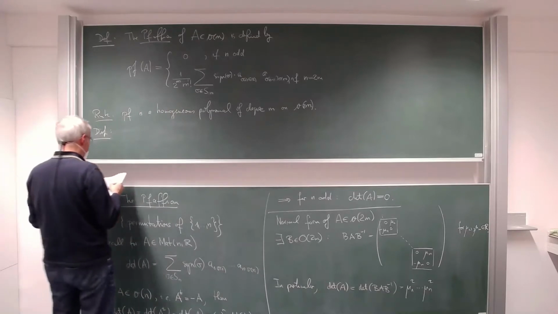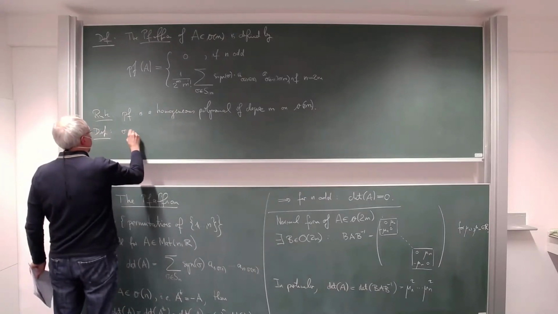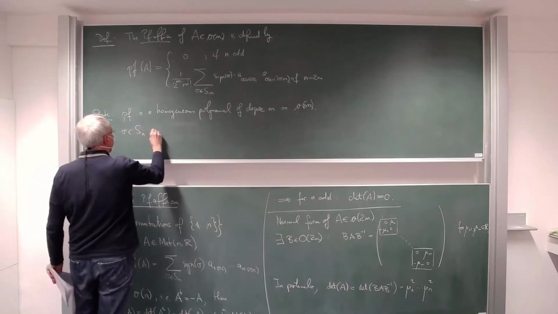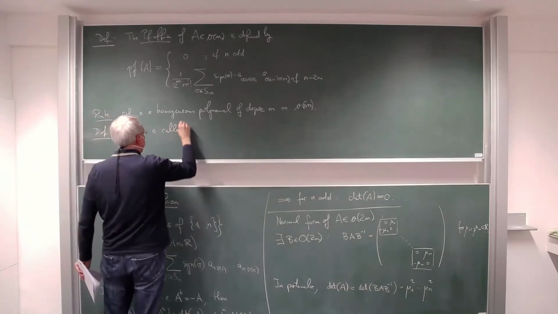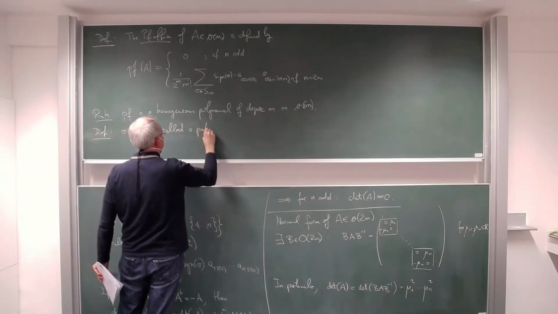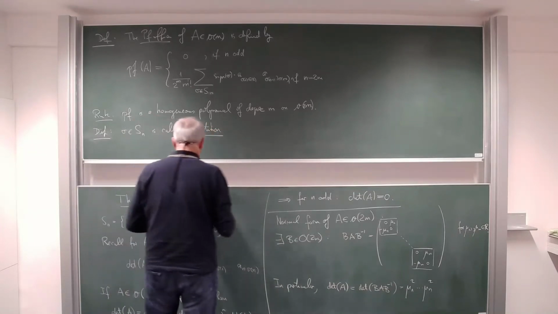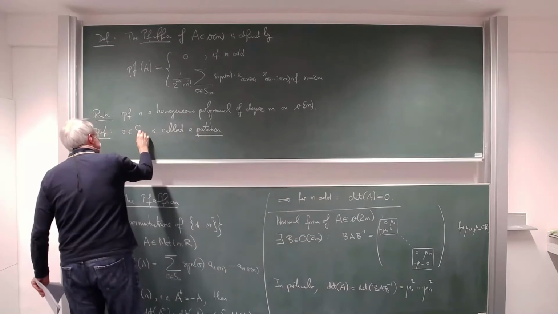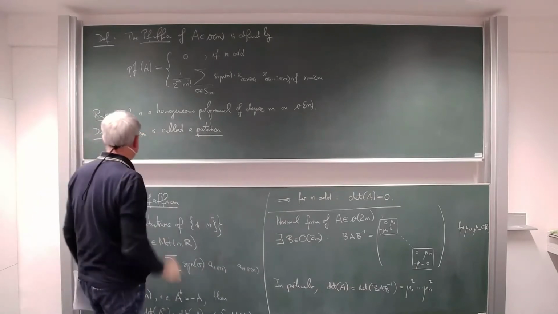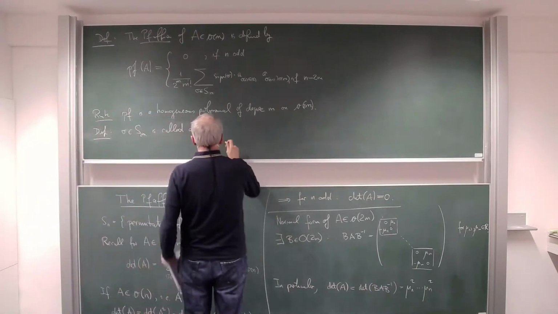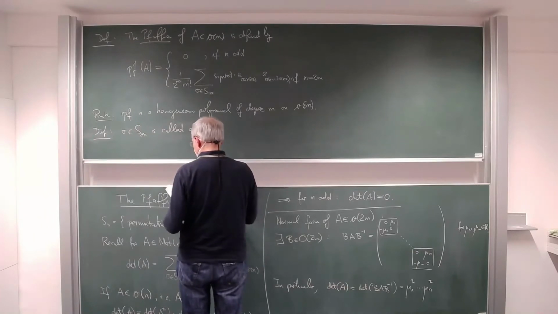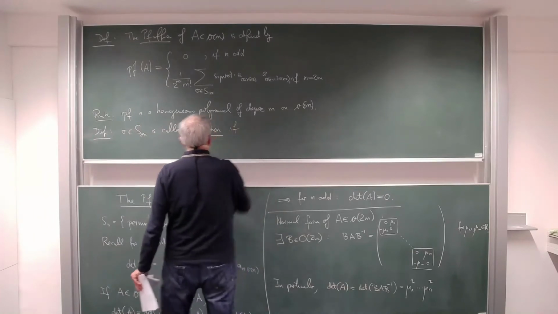And these are the so-called partitions. So sigma in S_2n is called a partition, with 2n to make the point that this is even, if it satisfies the following things.